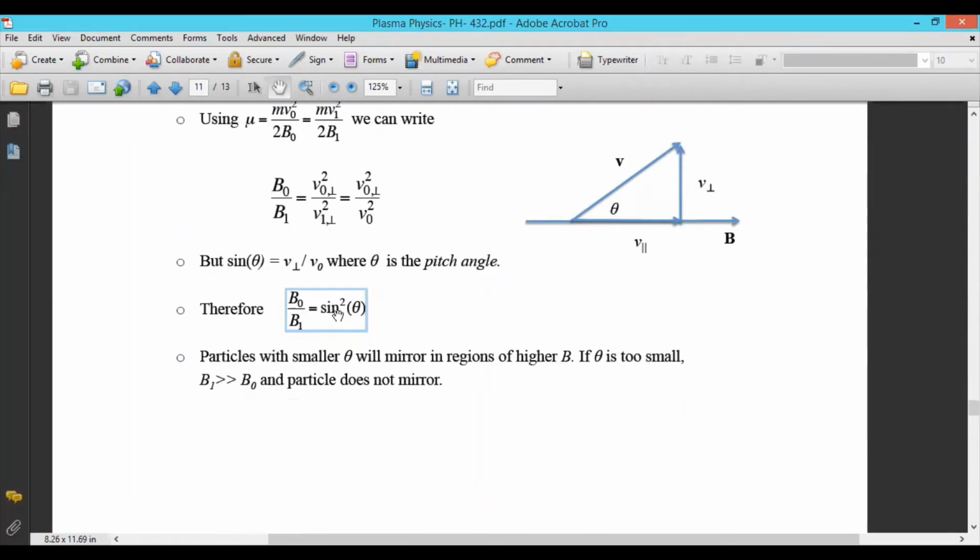If we have a larger theta, the particle will mirror in the regions of higher B. That is, when there is a higher magnetic field, the particle will be reflected back. But what if our theta is too small? If theta is too small, then the perpendicular component of the velocity will be much smaller. So the particle will not be reflected back, and it will escape from this region.